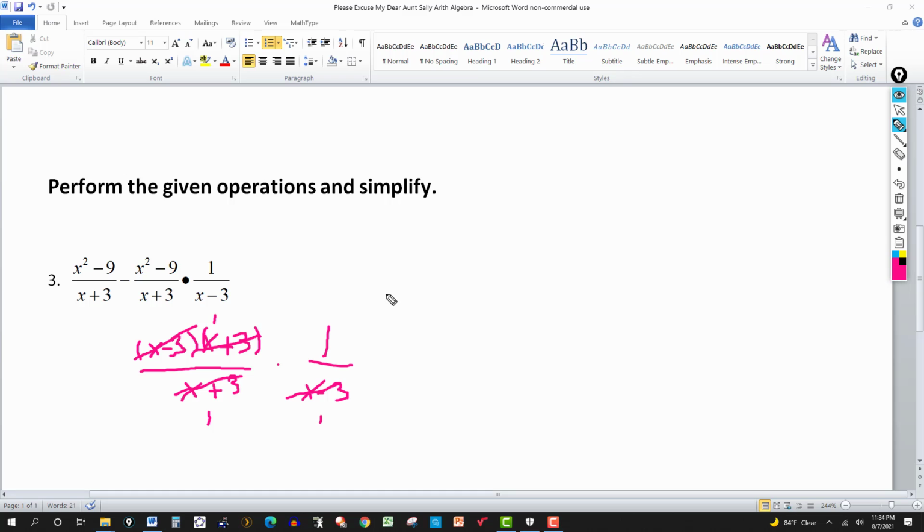I can rewrite this then as x squared minus 9 over x plus 3, and this was a 1 here, so this is just minus 1.